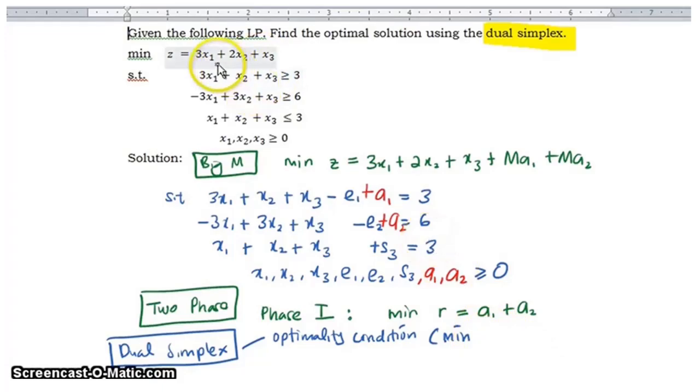From this one, we have minimum z. We want to minimize z.